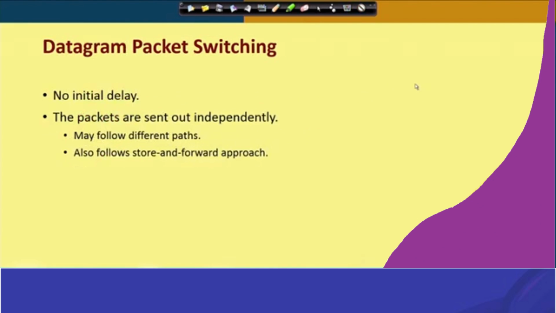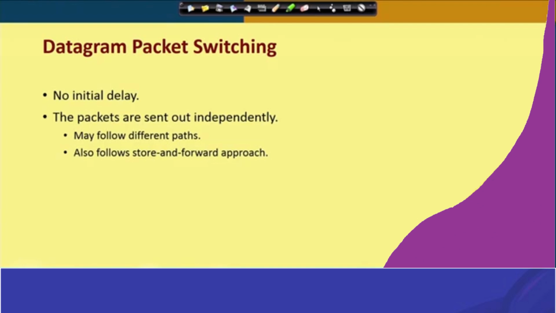Now, talking about datagram packet switching, because there is no connection establishment phase, there is no initial delay. The packets are sent out independently, may follow different paths, and this also follows the store and forward concept. But if the number of packets is very large, then the total time required here may be more as compared to virtual circuit.